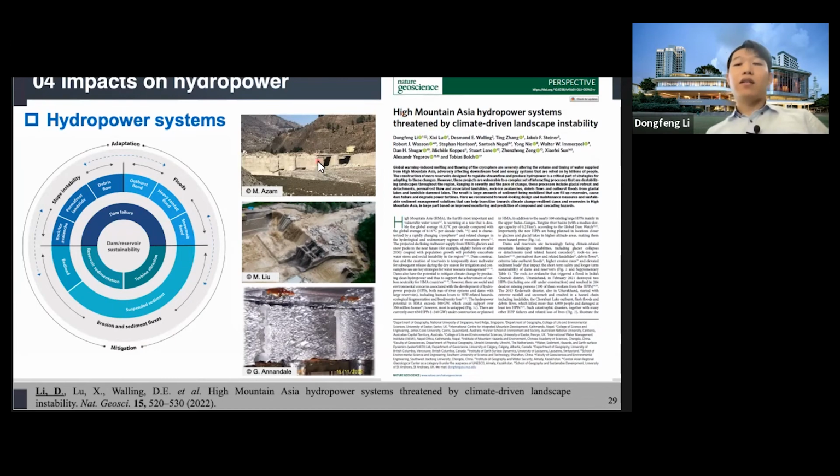They can not only cause dam failure, for example, in the Chamoli event in the Indian Himalaya, the debris flow directly destroyed a hydropower project, and a glacier lake outburst flood destroyed the Upper Koshi hydropower project in Nepal, but increasing river sediment can also cause turbine abrasion of the hydropower systems.